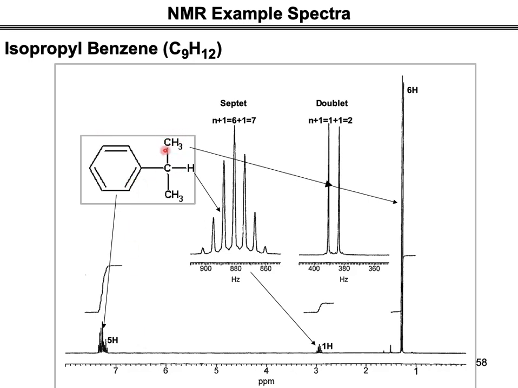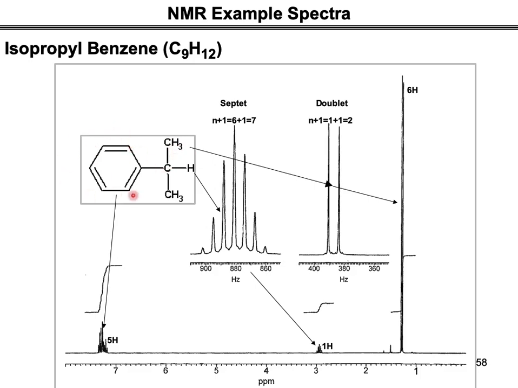The nearby proton count is one proton. 1 plus 1 is 2, a doublet. So the methyl is split into a doublet, right? And then this proton will be split into how many signals? 1, 2, 3, 4, 5, 6 neighboring protons, 6 plus 1 is 7, a septet.